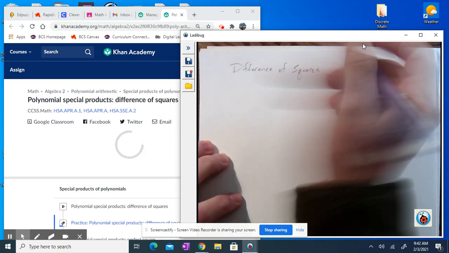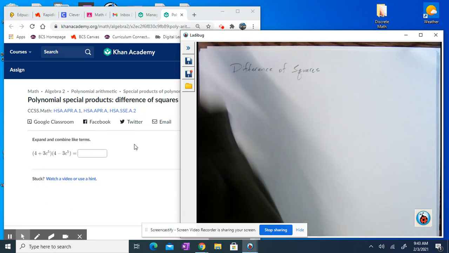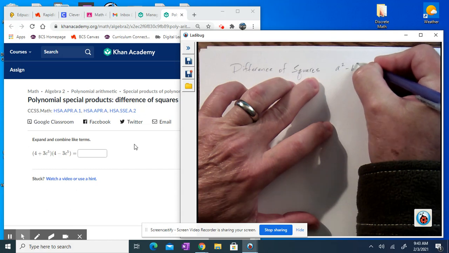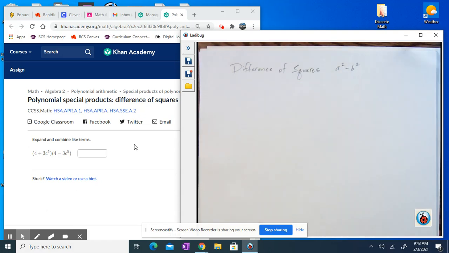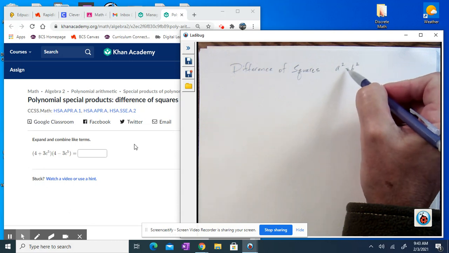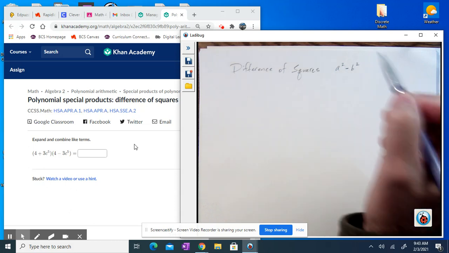You've got 4 plus 3c to the 5th times 4 minus 3c to the 5th in this problem. The difference of squares looks like a squared minus b squared, where you have 2 perfect squares and the difference part is where they're being subtracted. So that's a difference of squares.